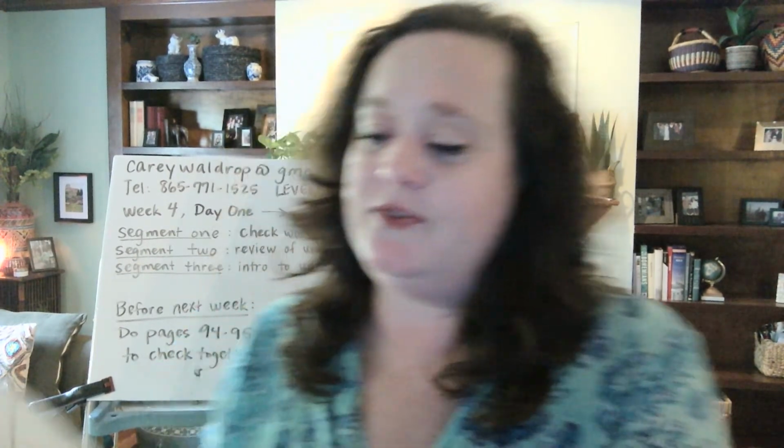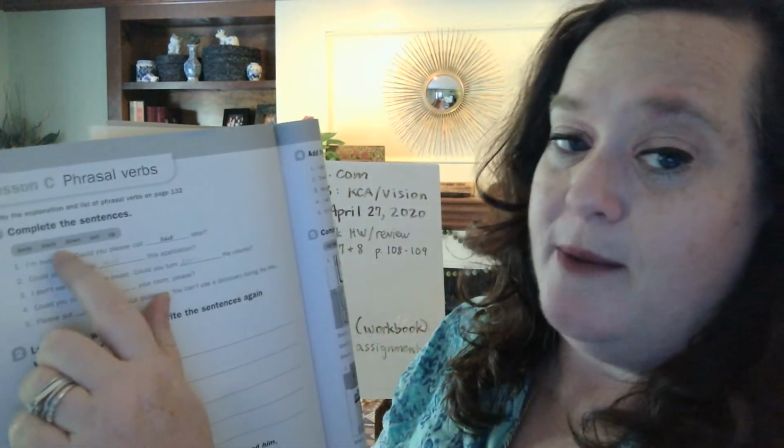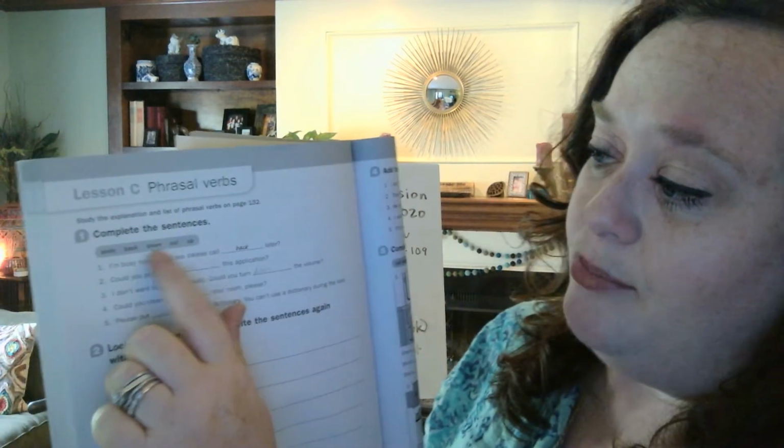Okay. Number 3, your husband just called and left a message. Please call him back. Okay. If you notice, we are using some of the words from exercise 1 at the top. Let's continue on. Number 4. The volume on your cell phone is not loud enough.